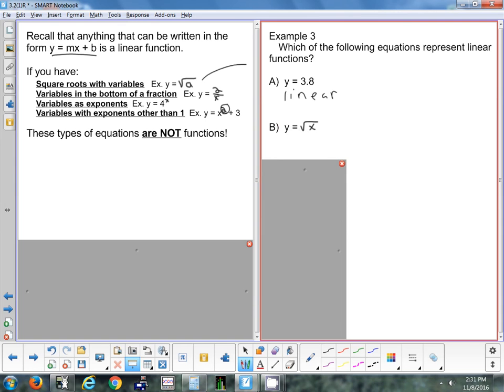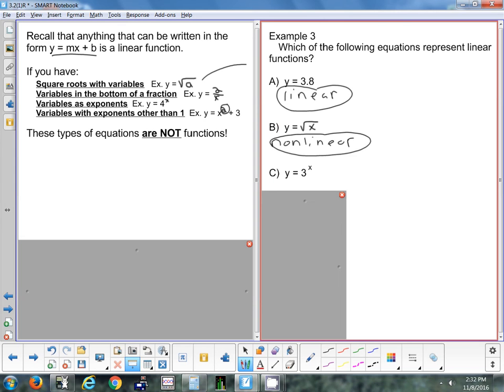How about B? Is B linear or non-linear, and tell me why? Non-linear. How come? Square root. Yes. Non-linear because it has a square root. How about 3 to the x? Non-linear, it has a variable as an exponent.